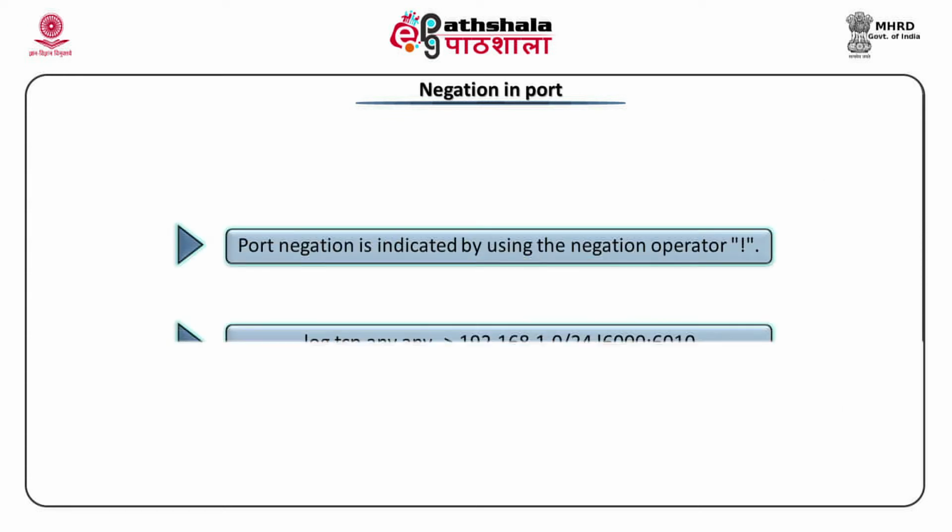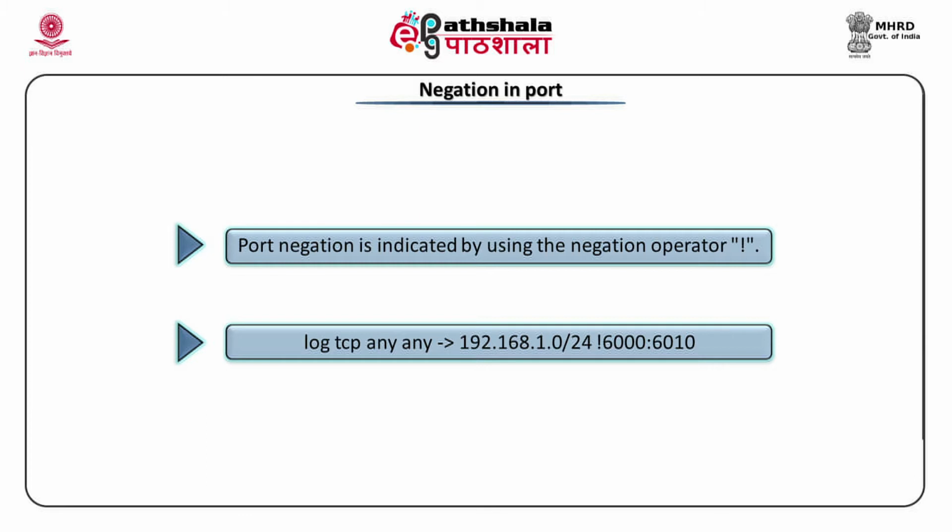So, it logs all the TCP traffic from privileged ports less than or equal to 1024 going to ports greater than or equal to 500. So, source port is starting from 0 to 1024 and destination is 500 and greater.